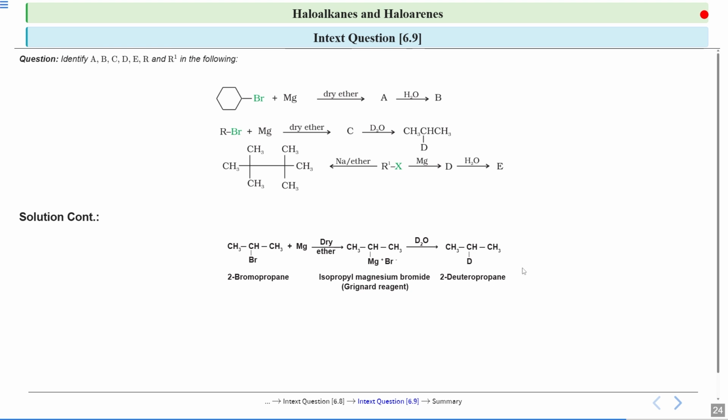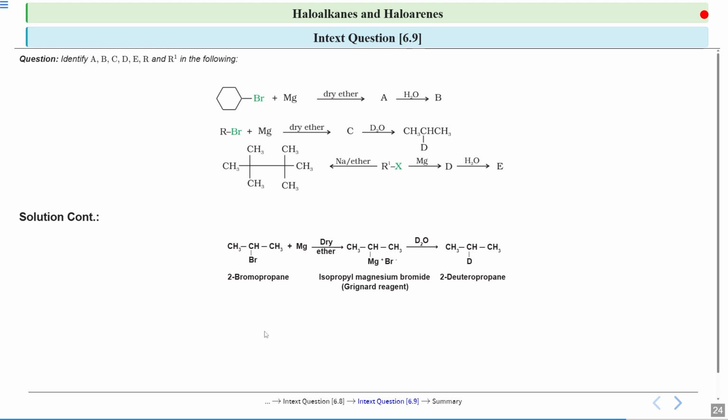And from this product, which is already given in our reaction, we can identify what the alkyl group initially present as the alkyl bromide was. So from here we can guess that R is a propyl group, CH3CHCH3, the same as present here, because the substitution happens only at the second carbon. The bromine is substituted by Mg positive, Br negative, and then it is substituted by deuterium.